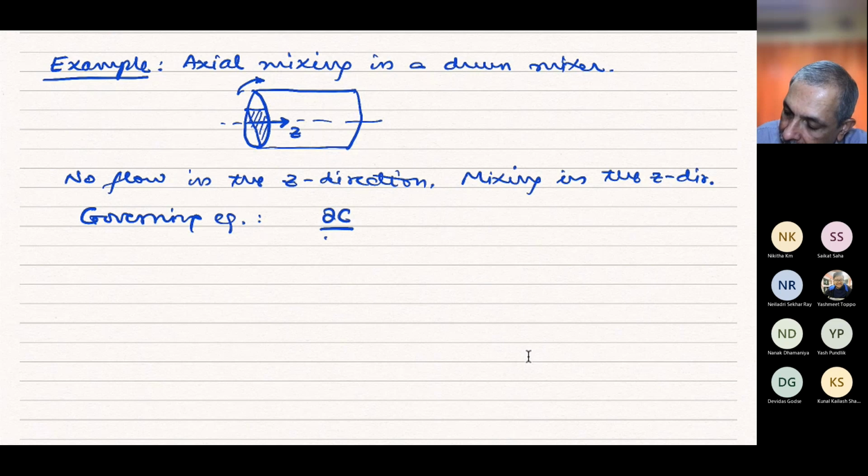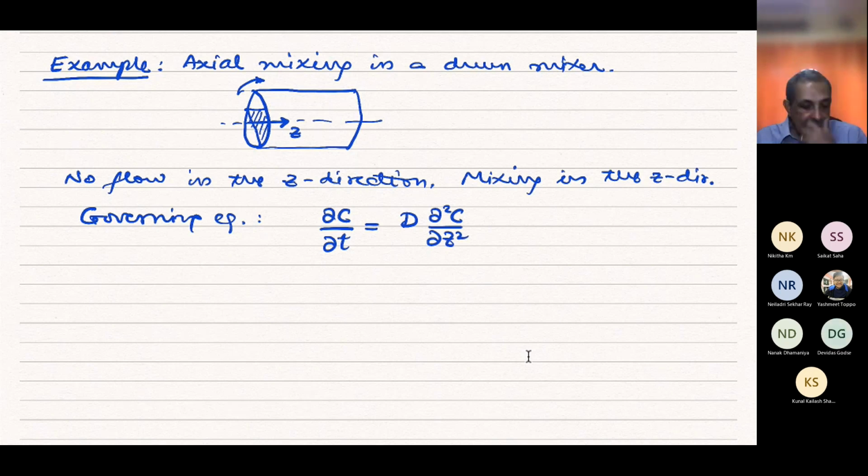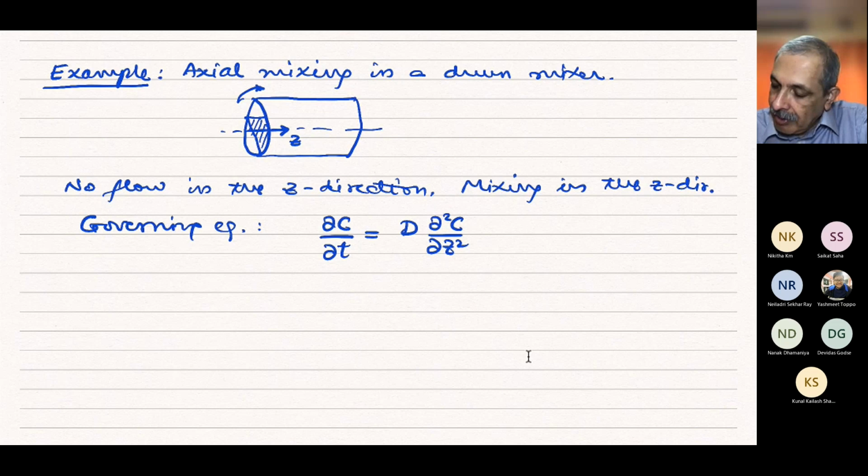just del C by del T is equal to D into del squared C by del Z squared. So this is nothing but Fick's second law, which you would have seen in mass transfer. And essentially you can get something like this.